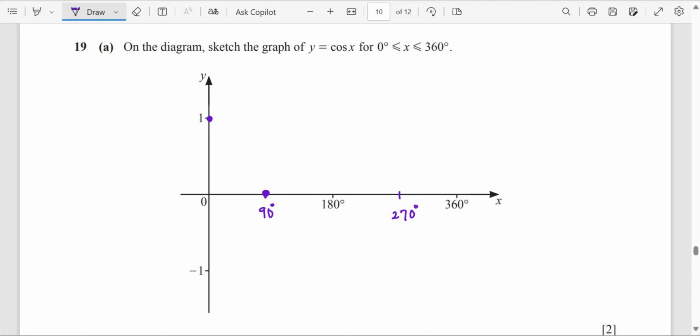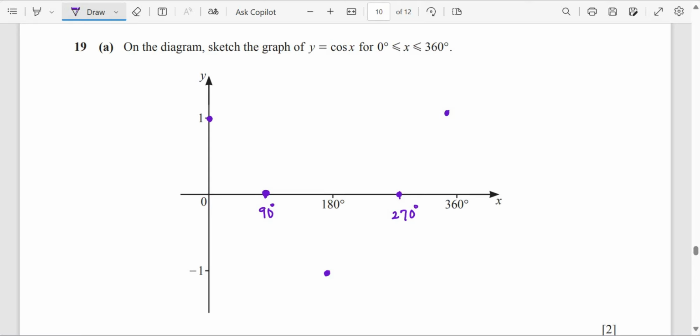Cos 180 is going to give us minus 1. So you have your minus 1 here. Go again and get what cos 270 would give us. Cos 270 is 0, and cos 360, if you use a calculator to check, is going to give us 1.